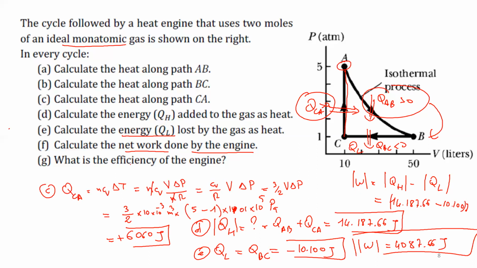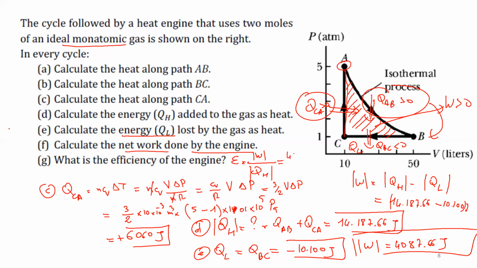Now, what is the efficiency of the engine? That's the last question. So epsilon is a heat engine. The efficiency will be just work, what I get, what is useful. By the way, the work, as we said, is this area here. And as we said, it's positive because we are rotating clockwise, divided by QH, the heat absorbed, the heat that my engine is taking from the environment.